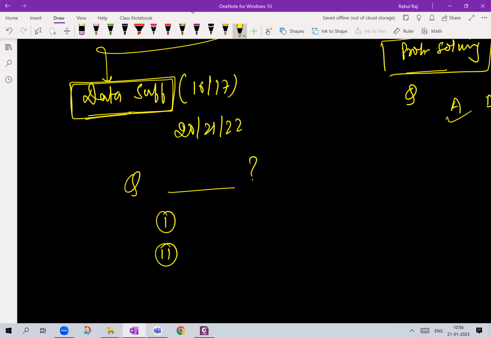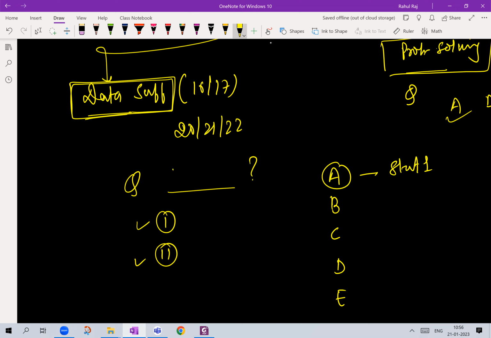Now you need to tell whether you can solve this particular question with the help of statement number 1 and 2 or not. So the moment you see 2 statements, your answer choices should be in the form of A, B, C, D, E, where A says that statement number 1 alone is sufficient to answer the question. So there is a half question given to you.